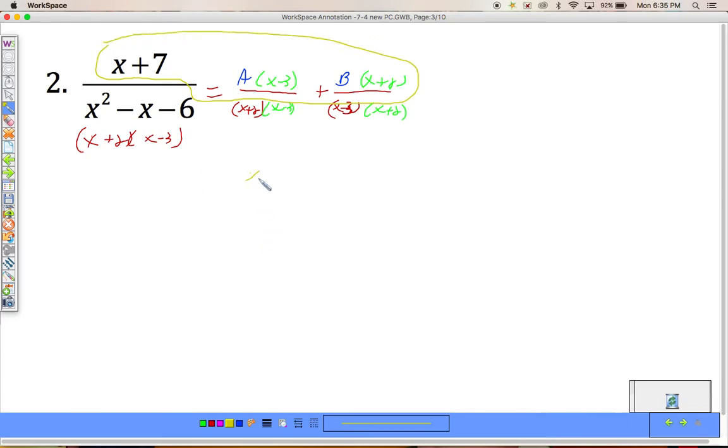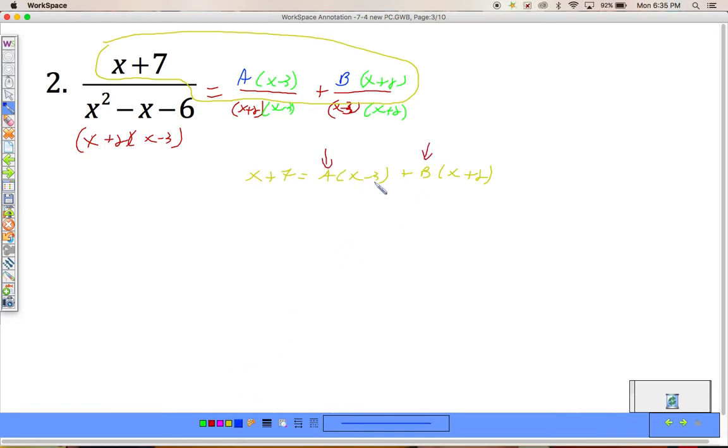I'm going to write x plus 7 equals a parentheses x minus 3 plus b parentheses x plus 2. What I'm trying to solve for are a and b.